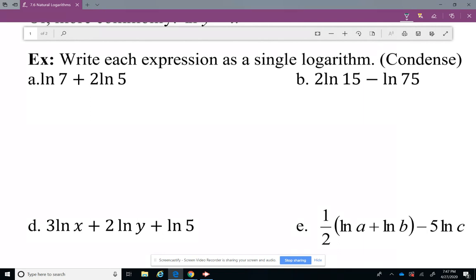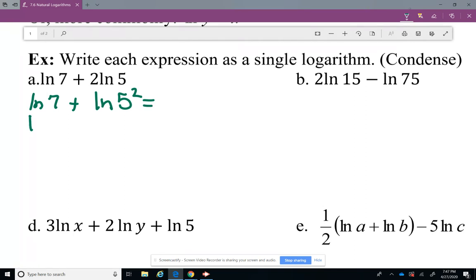It says write each expression as a single logarithm. Now remember, when you have a coefficient that comes in front, you're going to take that coefficient and it's going to become the power for the number that's sitting to the right of the log. Now remember, this is a natural log, but I could still call it a log. All right, equals.